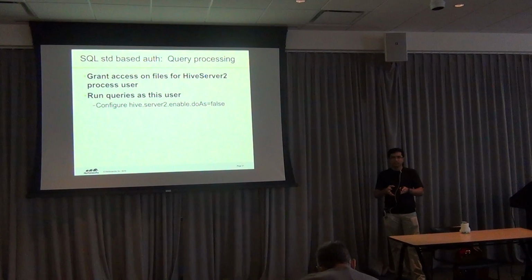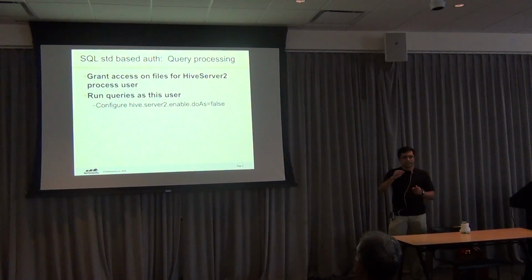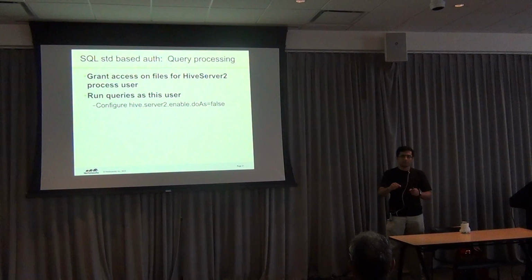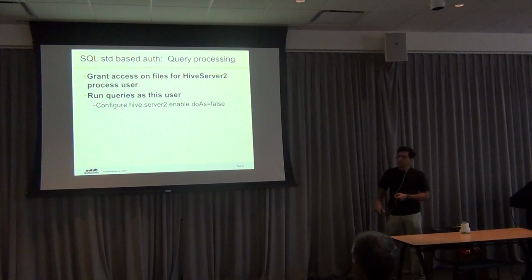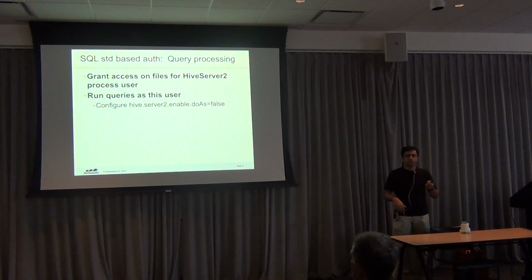So to make things simpler, the recommended setup is just grant the Hive server user permissions on the warehouse directories and subdirectories, and then you just need to manage permissions using grant and revoke, and also make sure that the query actually runs as the HiveServer2 user. So the flag that I discussed earlier for HiveServer2 to work with storage-based authorization has to be turned the other way so that the queries all run as the Hive user.